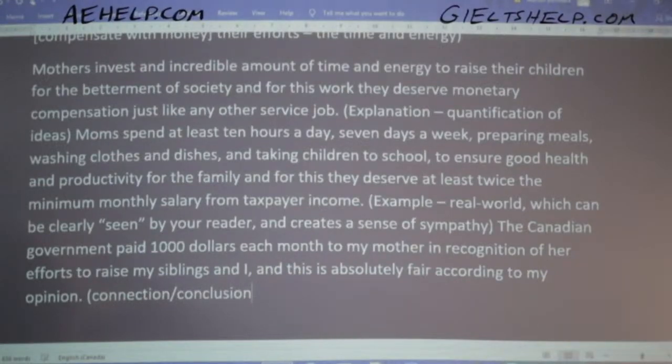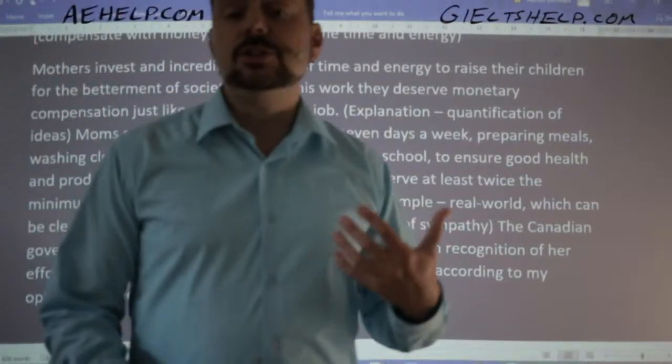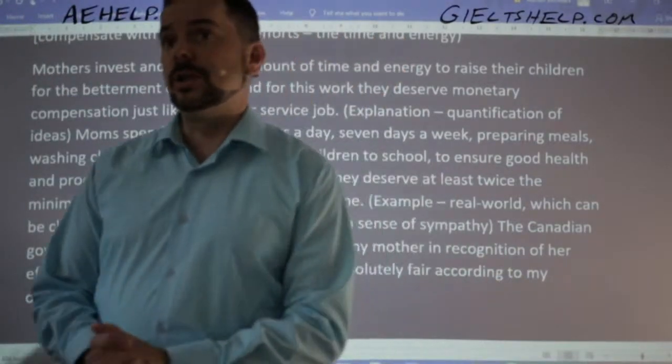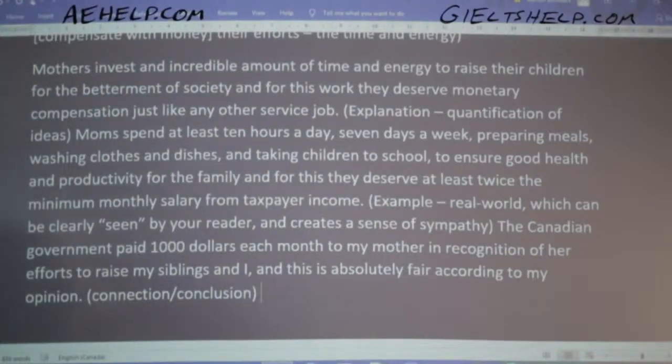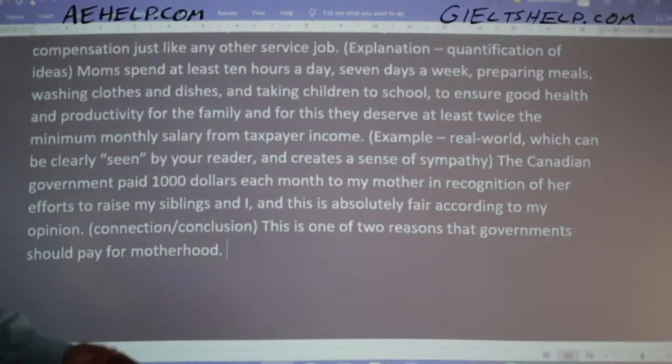You can use this for a lot of these types of essays where the question is, to what degree or to what extent do you agree or disagree? So, this is one of 2 reasons that governments should pay for motherhood.